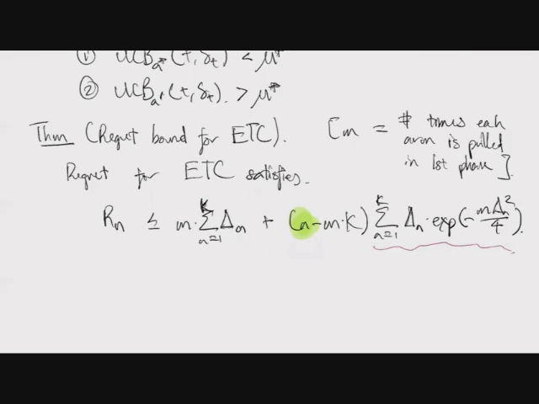So the regret is going to grow linearly in the time horizon. That's going to be much worse than the logarithmic regret that we got from the UCB algorithm. So this really shows that UCB is better than explore-then-commit.